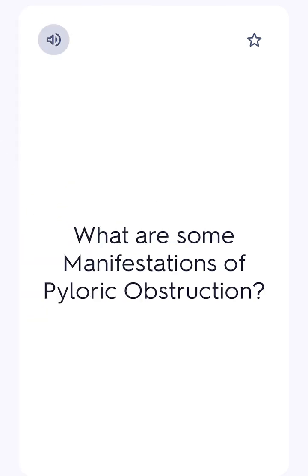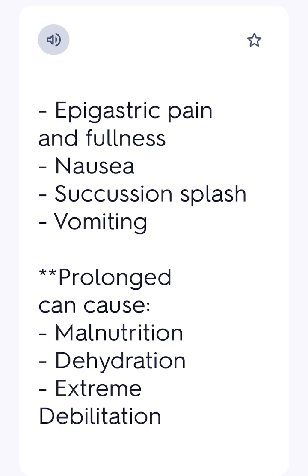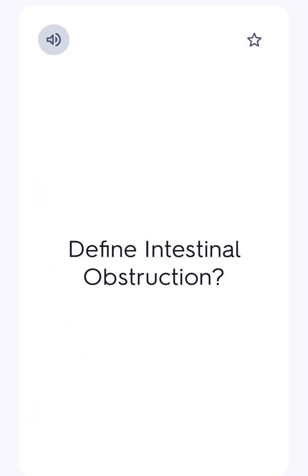What are some manifestations of pyloric obstruction? Epigastric pain and fullness, nausea, succussion splash, vomiting, prolonged can cause malnutrition, dehydration, extreme debilitation. Define intestinal obstruction.